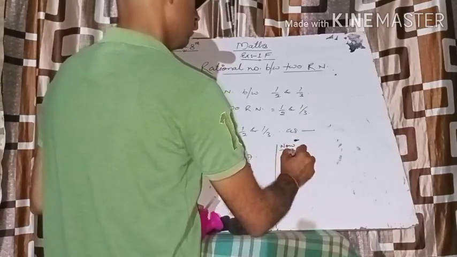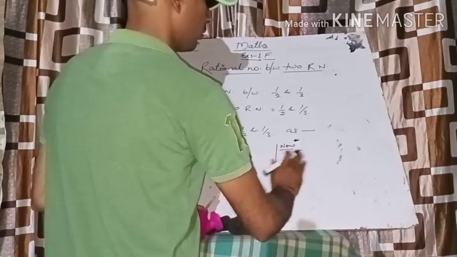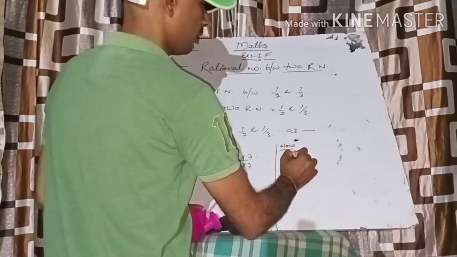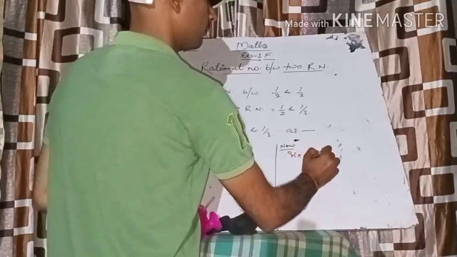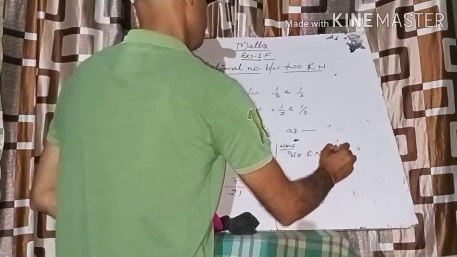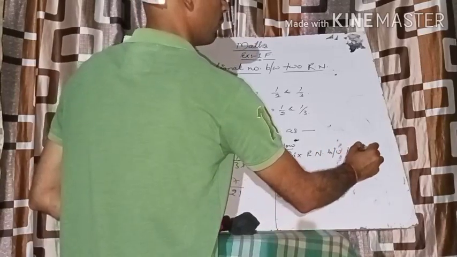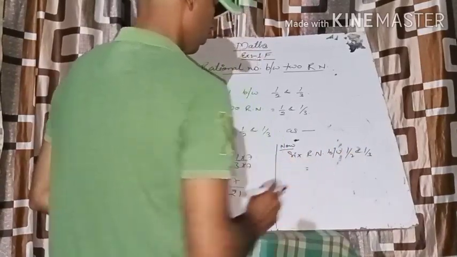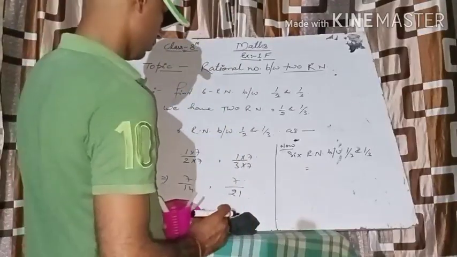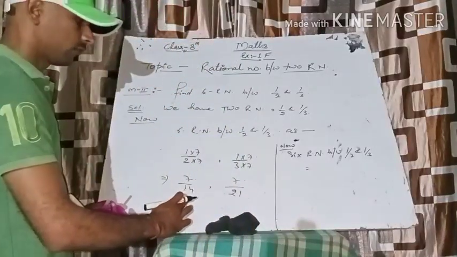Now, how will we write the 6 rational numbers between 1 upon 2 and 1 upon 3? Ignore this 14.